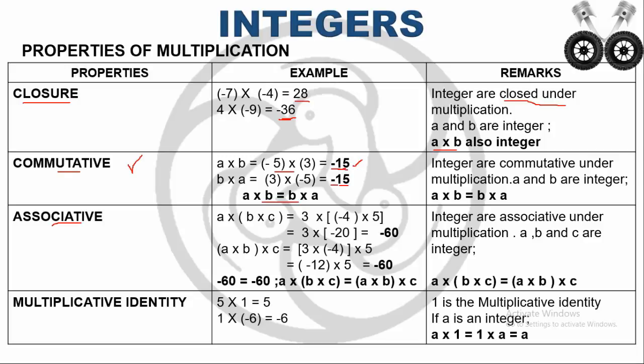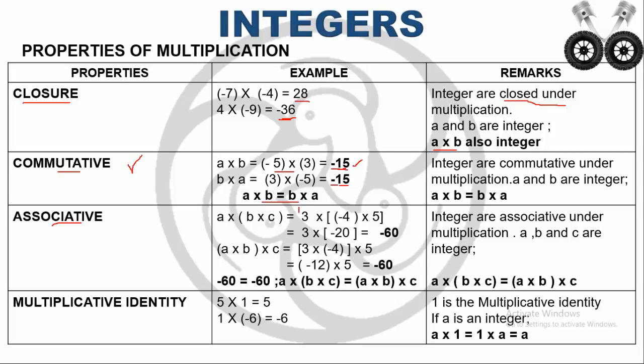And the third one is associative. So what is associative? If A, B, C are three integers, then (A into B) into C equals A into (B into C). That is, I have to interchange the brackets. So first I will check. Here (A into B) into C equals (3 into minus 4) into 5.